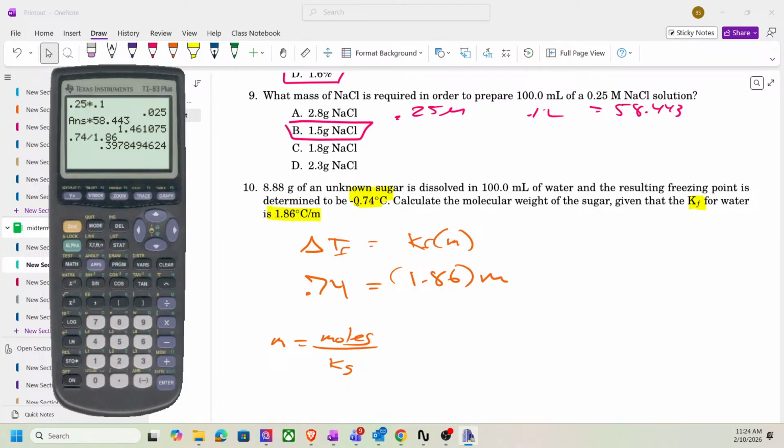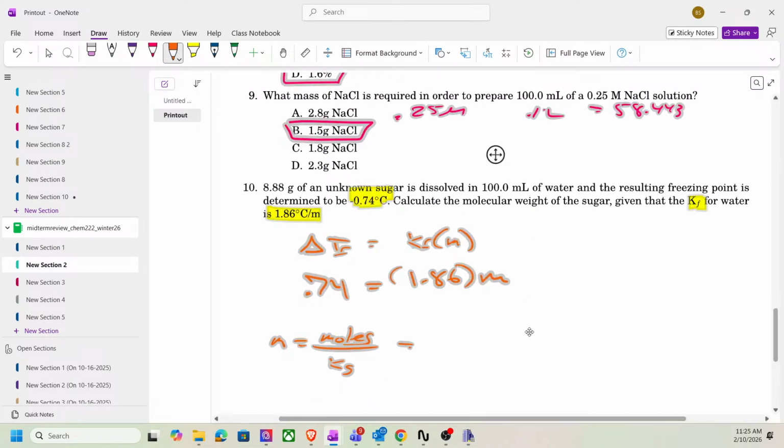Otherwise you just calculate for it in the end. What I would do if we had known is say how many particles it would dissociate into and then change your molality.